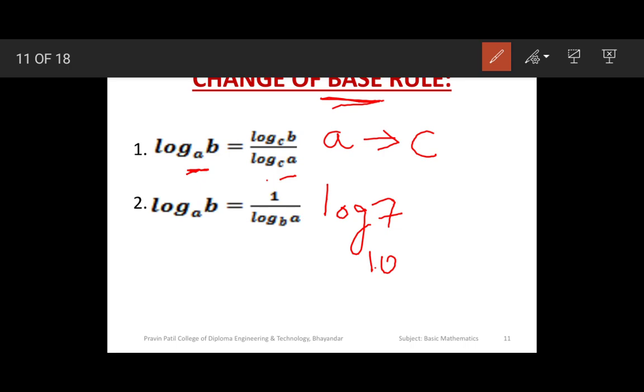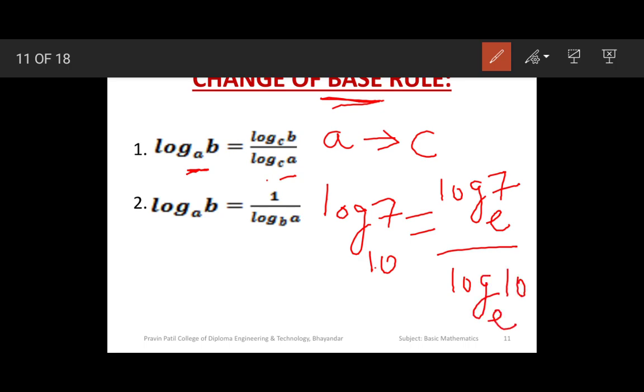I want to convert this 10 into E. So the formula will be log 7 to the base E, the new base, divided by log 10 to the new base E. So if I want to change base from 10 to E, I write log of value to the new base divided by log of old base to the new base.